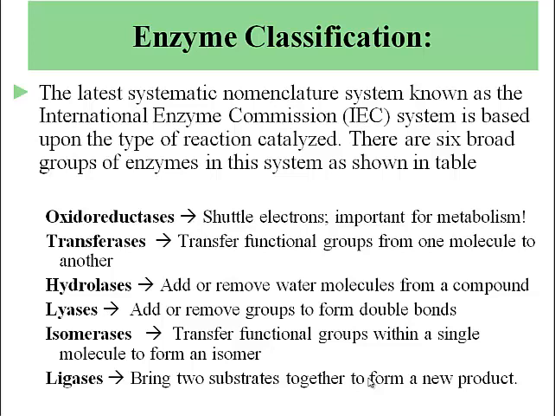These represent overall families of different enzyme types, and you'll need to be familiar with these major classes of enzymes. We've got our oxidoreductases. They mediate oxidation-reduction reactions, so the shuttling of electrons. Oxidoreductases are very important for metabolism, or the formation of the ATP molecule.